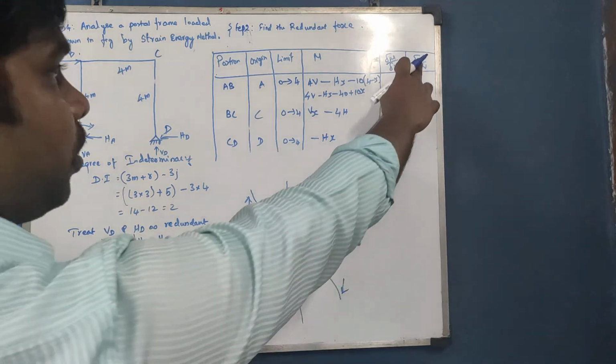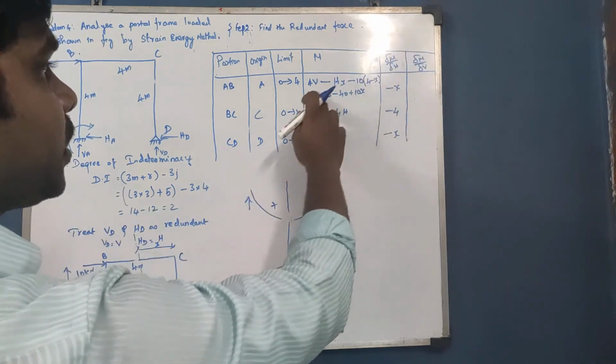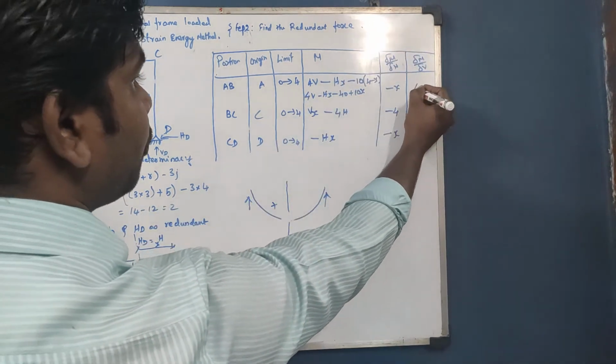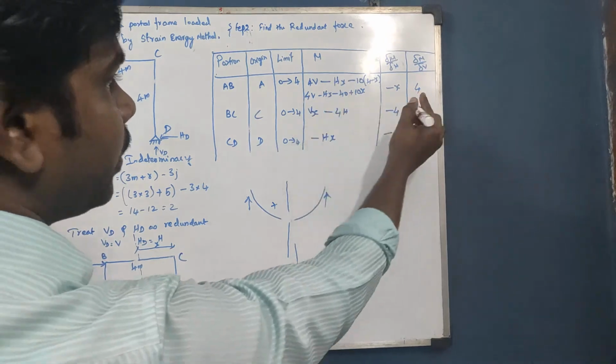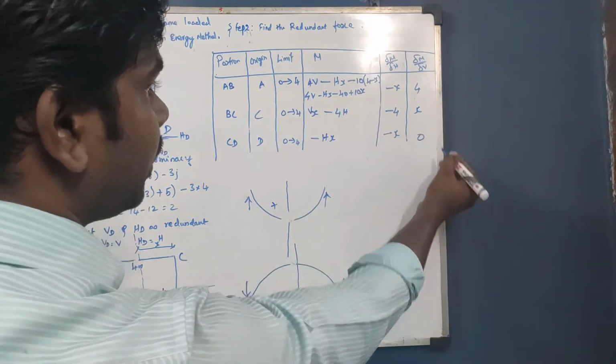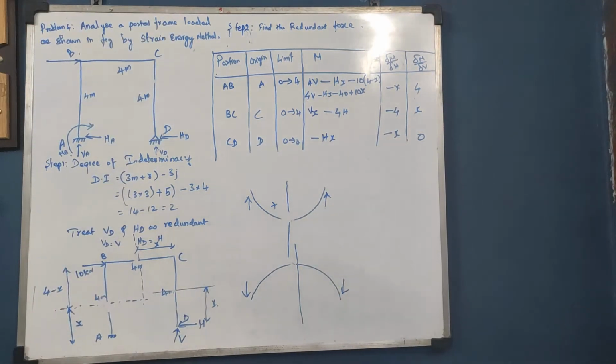And differentiate the moment with respect to V. It is 4, it is X. Here it is 0.